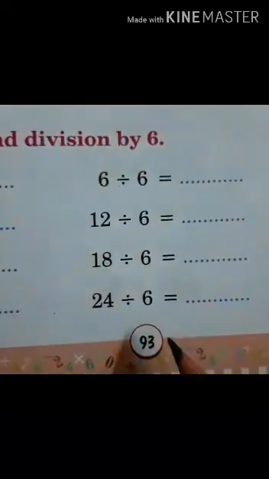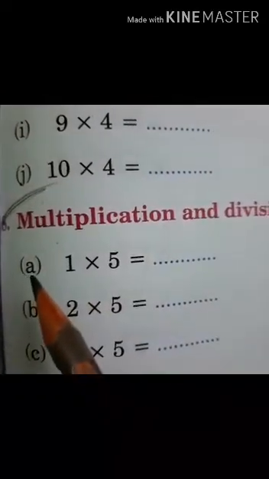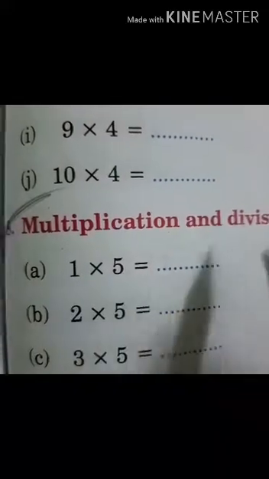Now come to page number 93. Here, look, this page number is 93: multiplication and division by 5. Here 1 five is 5. Then 5 divided by 5: in the table of 5, at which time will 5 come?